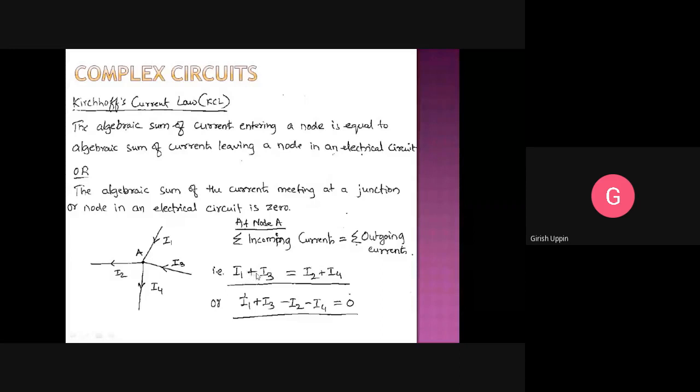Therefore, I1 plus I3 is equal to I2 plus I4. If you take these two currents on the left hand side, what do we get? I1 plus I3 minus I2 minus I4 is equal to 0, which is nothing but this one, the algebraic sum of currents meeting at a junction or a node in an electrical circuit is 0.